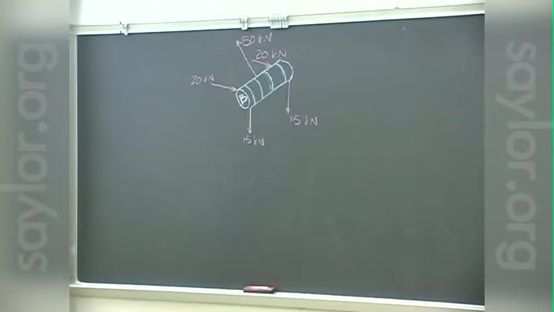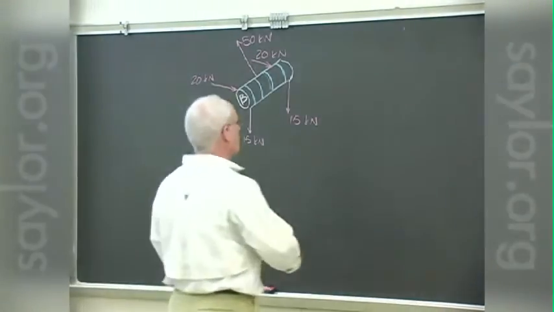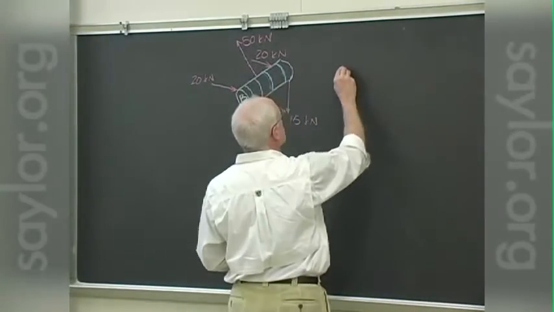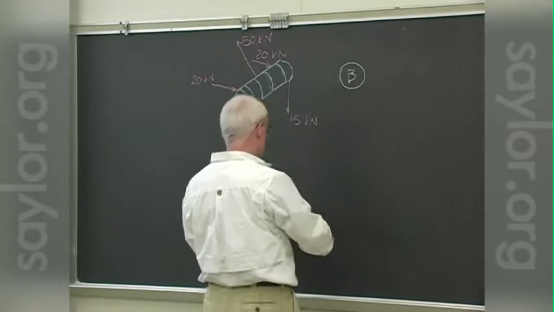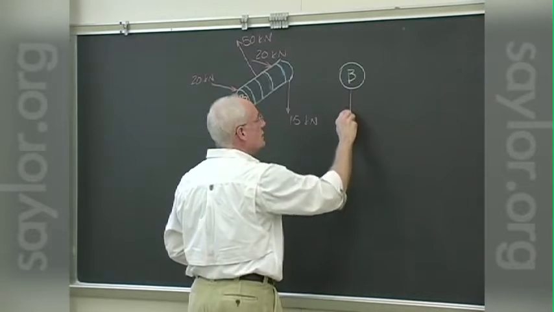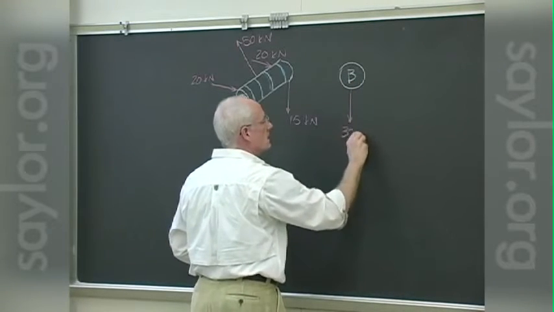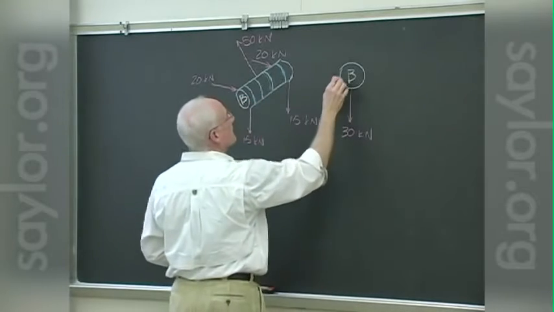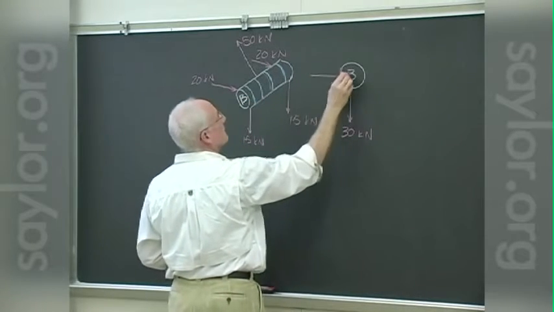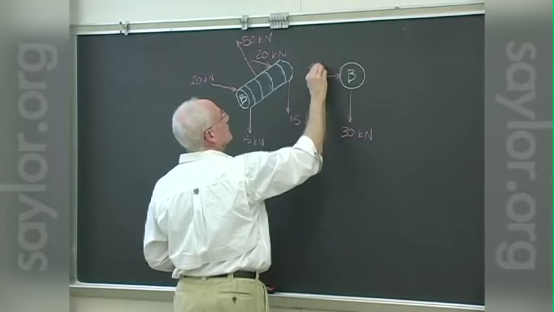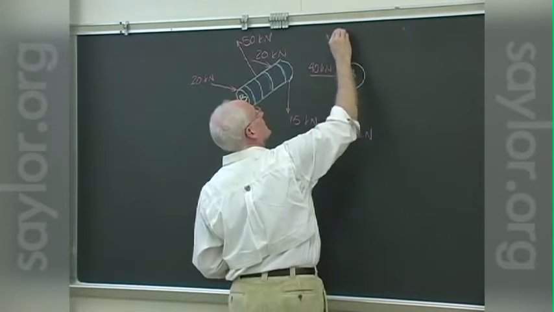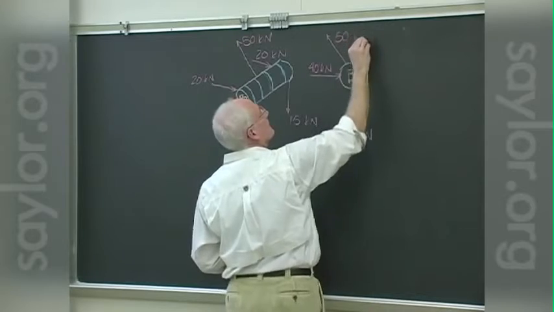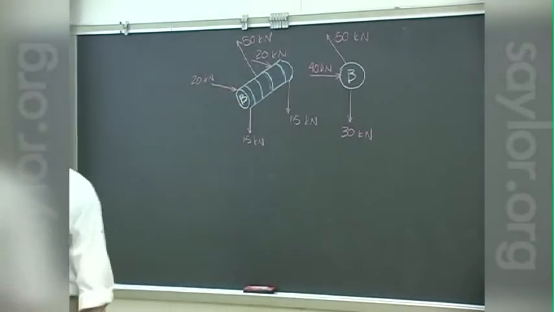But that's the type of thing that's happening at pin B. If we turn it on its side, we'd see the 2 15 kilonewton loads coming down like that, the 2 20 kilonewton loads doing that, and then the 50 kilonewton load doing that.